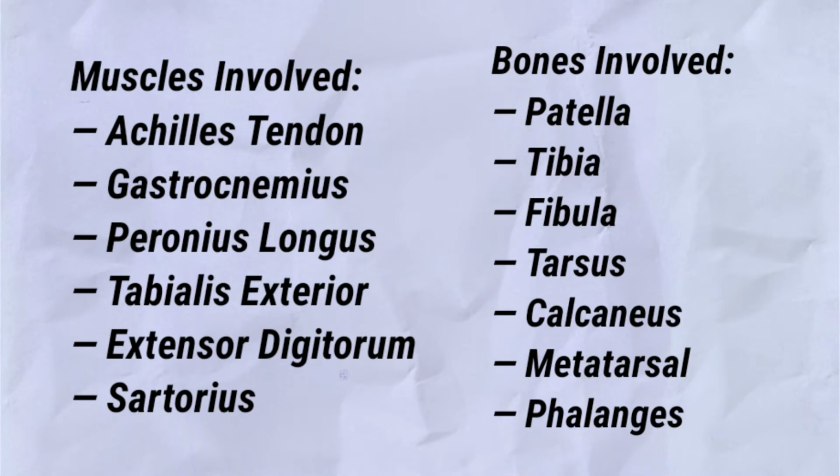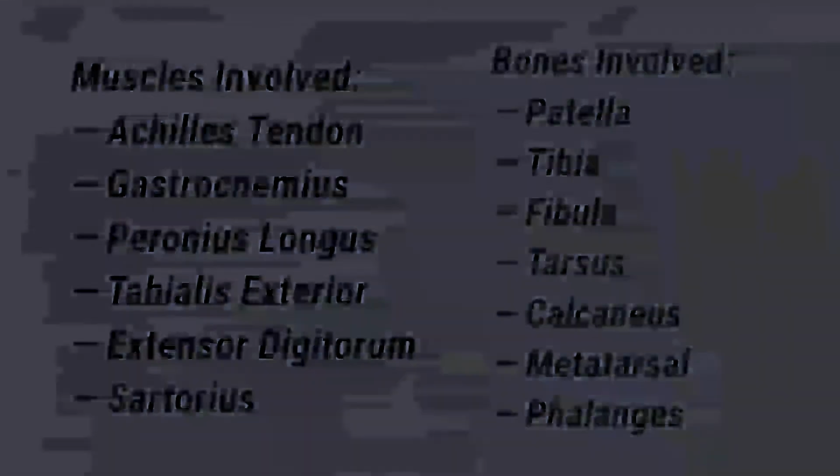The muscles involved are Achilles tendon, gastrocnemius, peroneus longus, tibialis anterior, extensor digitorum, and sartorius, while the bones involved are patella, tibia, fibula, tarsus, calcaneus, metatarsal, and phalanges.